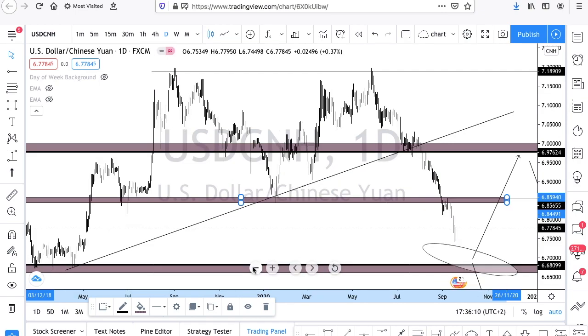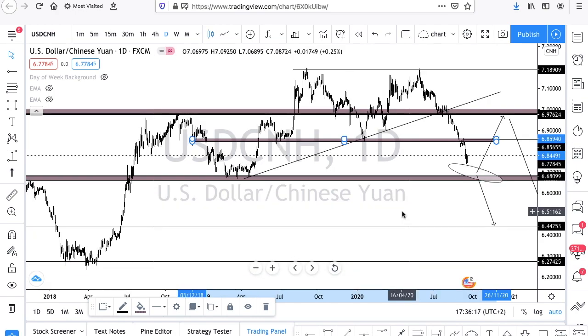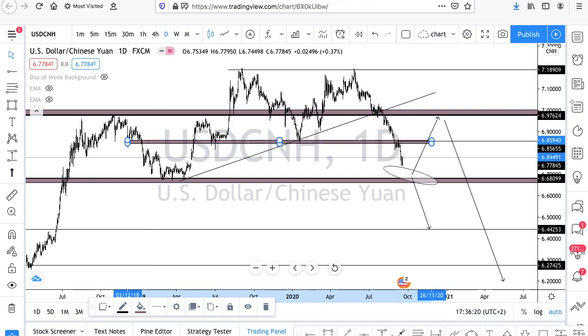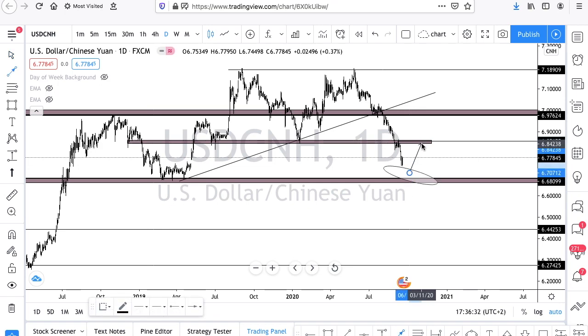So what can we expect there? Price might not even go this far. It can just come to test this level. Let me just remove this other. Price may just come back to test this level then continue bearish.